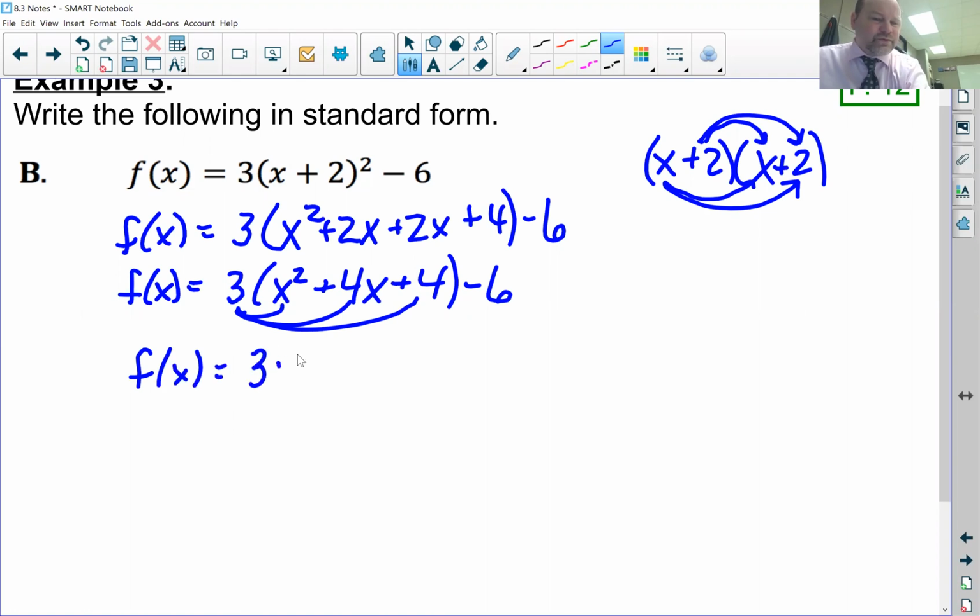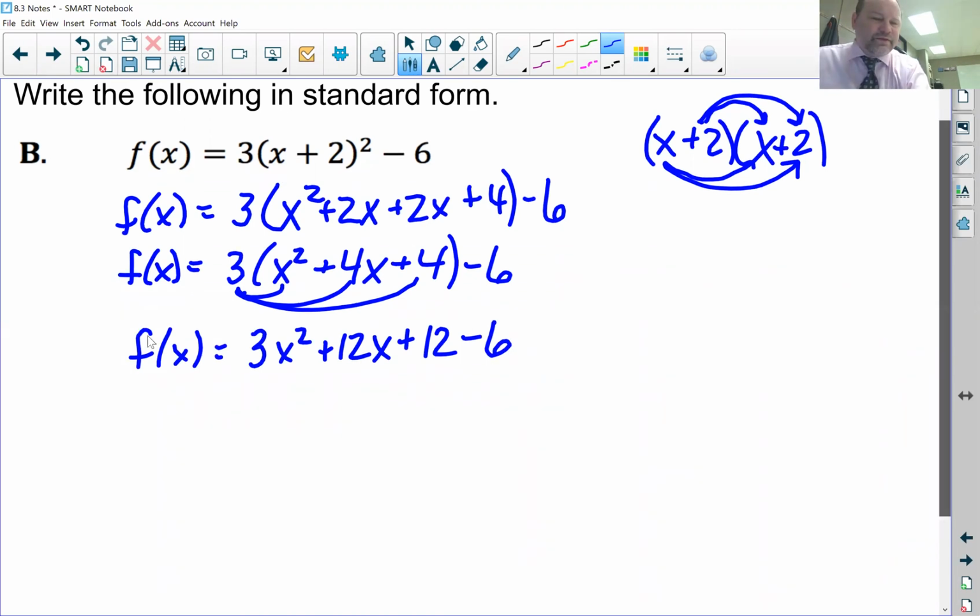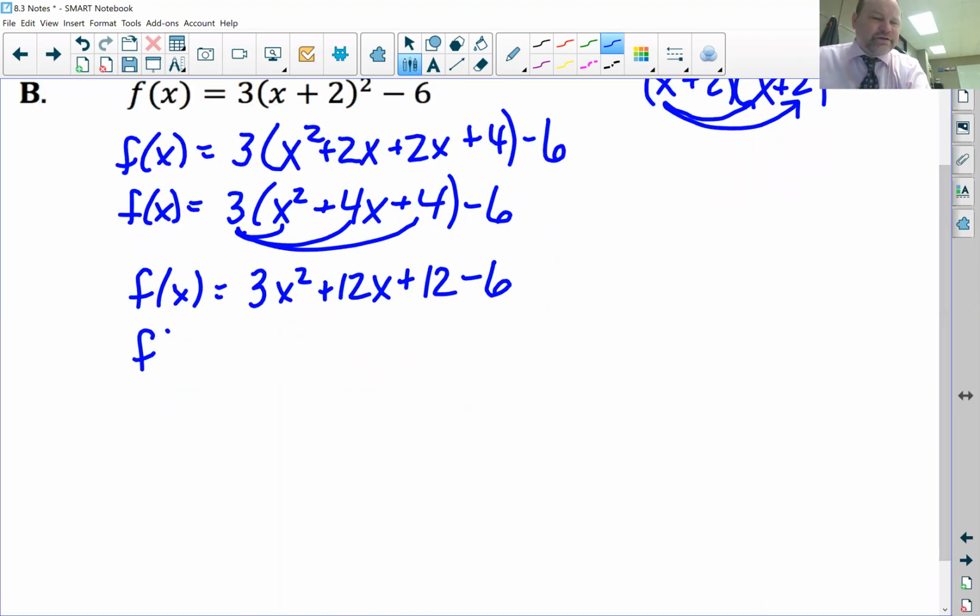So 3x squared plus 12x plus 12 minus 6. And the last piece here, take the 12 minus 6. And 12 minus 6 is positive 6.